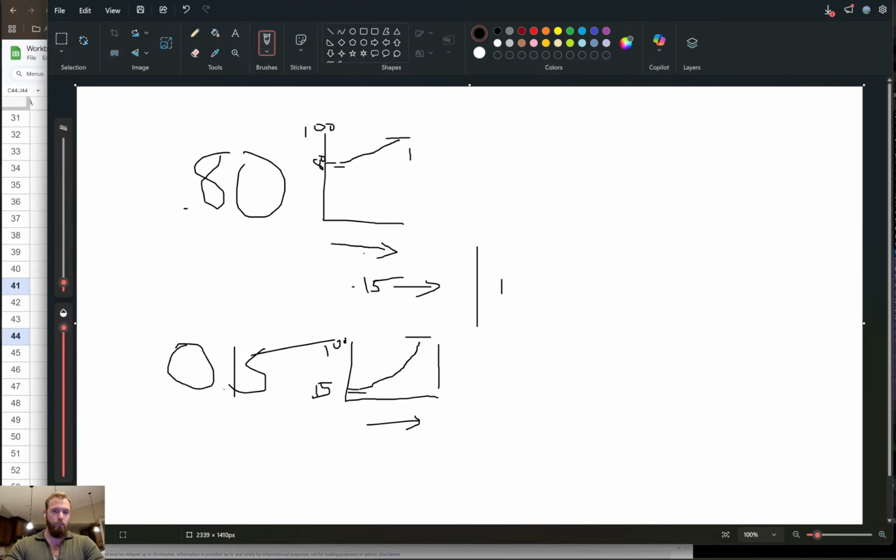This is exactly why there's more leverage here than here. Now there's a trade-off. Just as Black Mamba says, the 15 delta has higher leverage, but a lower probability of profit, which is actually fundamentally inaccurate.